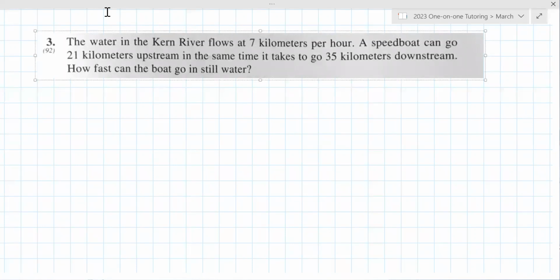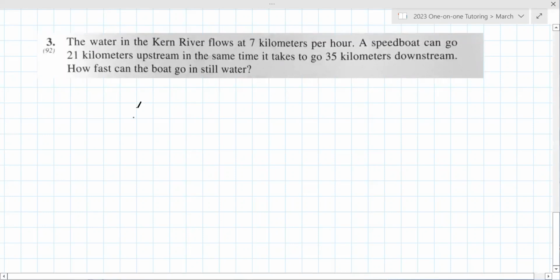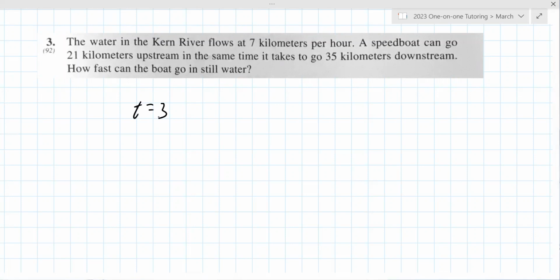Any questions on this one? So t equals 3. Just trying to find r. I try substituting it, but I usually get an answer of 0.